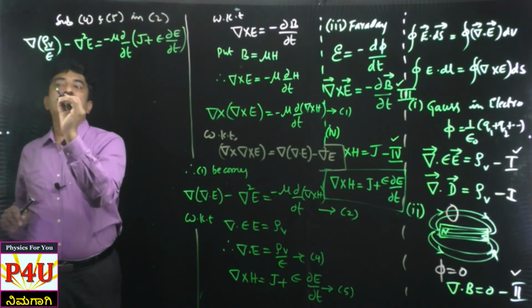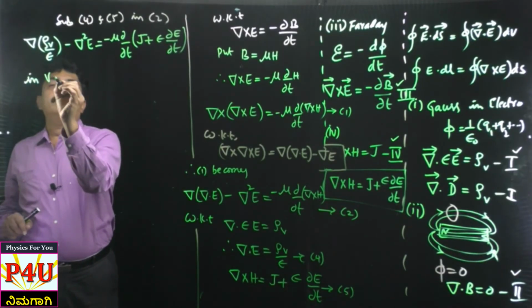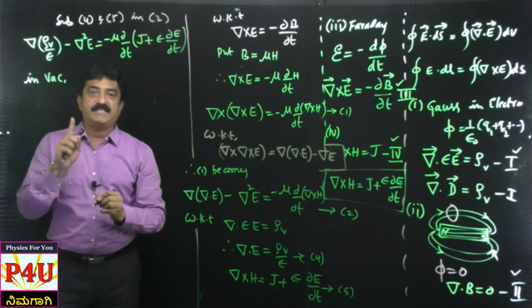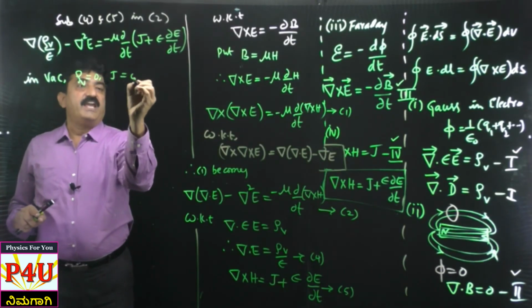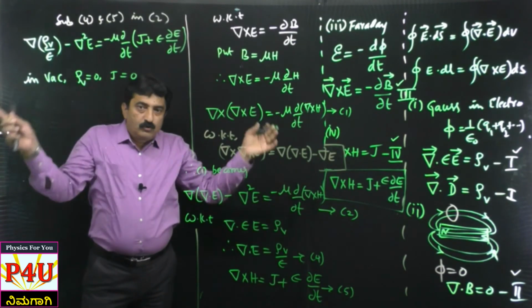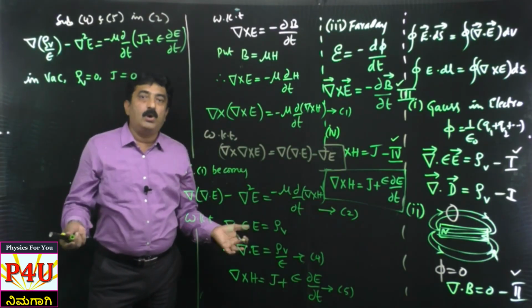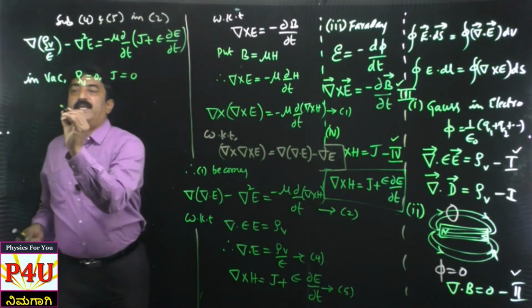Proceed further. In vacuum or free space, remember rho V equal to 0, J equal to 0. In vacuum there is no charge, therefore there is no charge density.